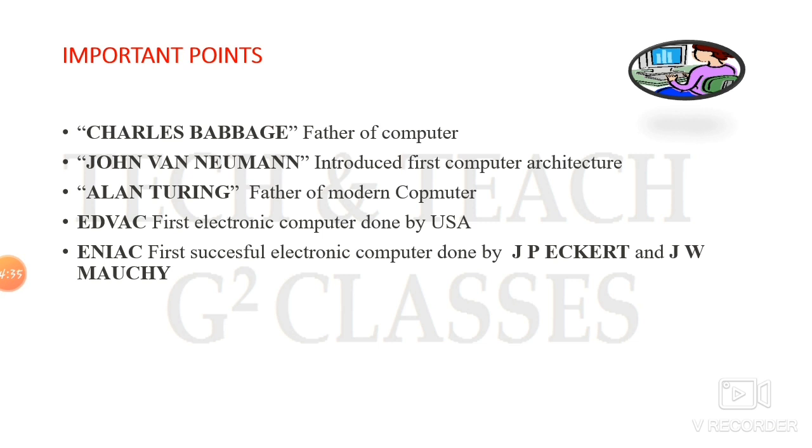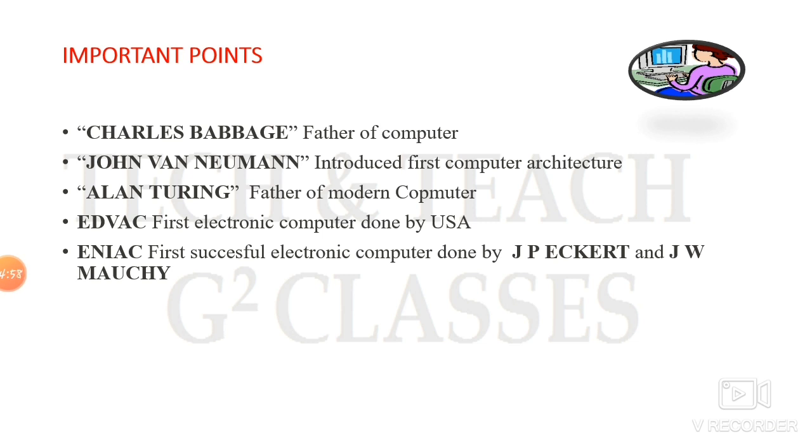They will ask: who is the father of computer? Charles Babbage. Who invented the computer architecture? John von Neumann. Everyone knows the father of computer, but who is the father of modern computer? Alan Turing, because he developed it further.